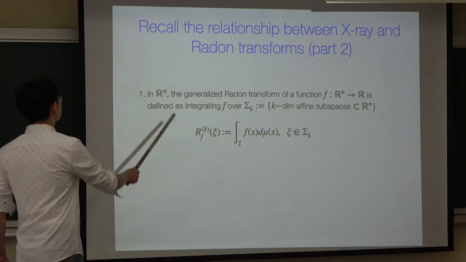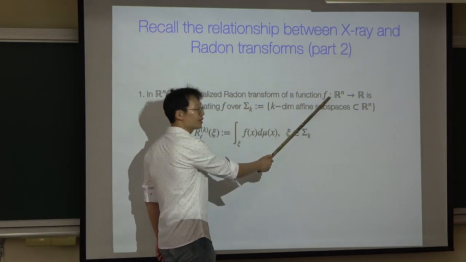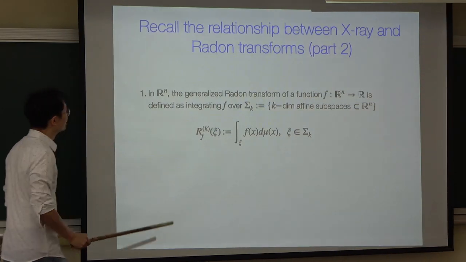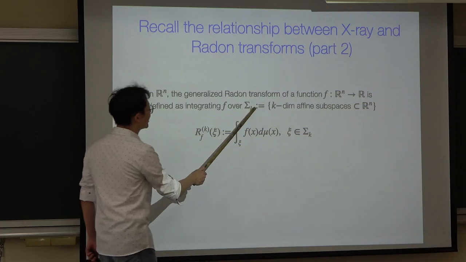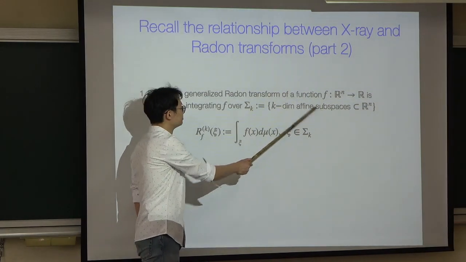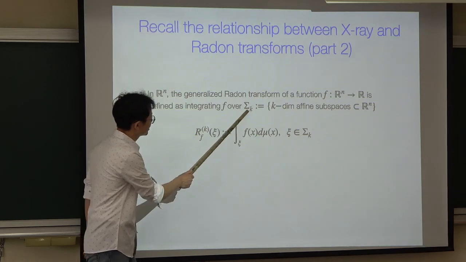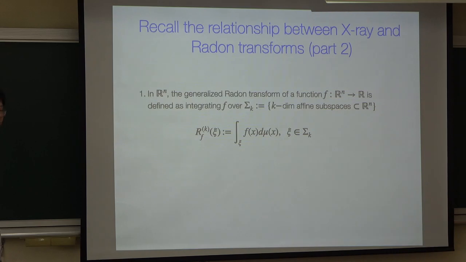Okay, so in Rn, the Radon transform of a function can be further generalized. It is defined as integrating over k-dimensional affine subspaces, sigma k. So that is what you can easily define and easily imagine.